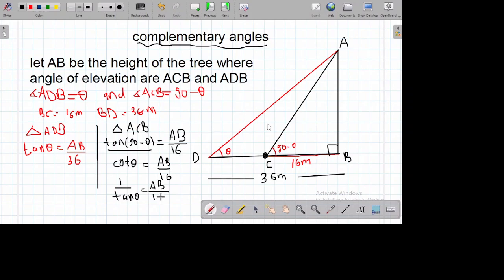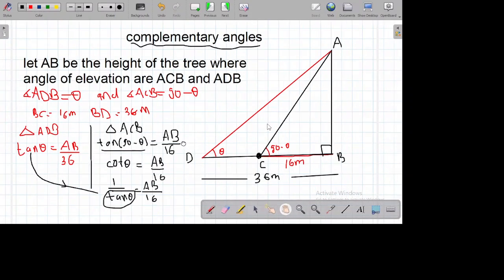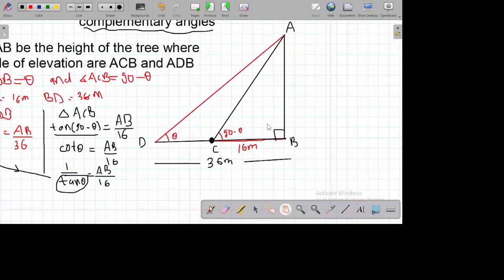This much we got. Now the value of tan theta we can replace from here. So I'll do this side. The value of tan theta, tan theta means AB by 16, equals AB by, oh sorry, AB by 36, not 16.